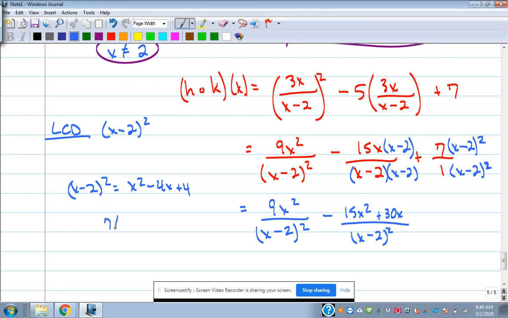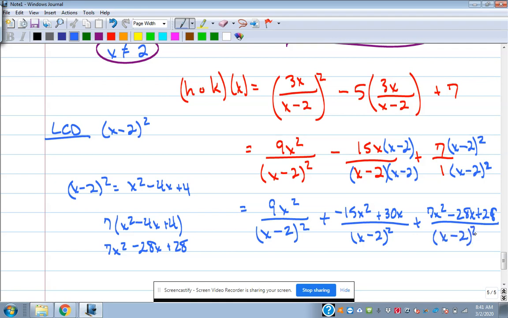And then I'm multiplying that times 7. That's going to be 7x squared minus 28x plus 28. So that's what's going to be on top, plus. I'm going to write this like this so I don't screw up the sign. And then that'd be 7x squared minus 28x plus 28 over x minus 2 squared.